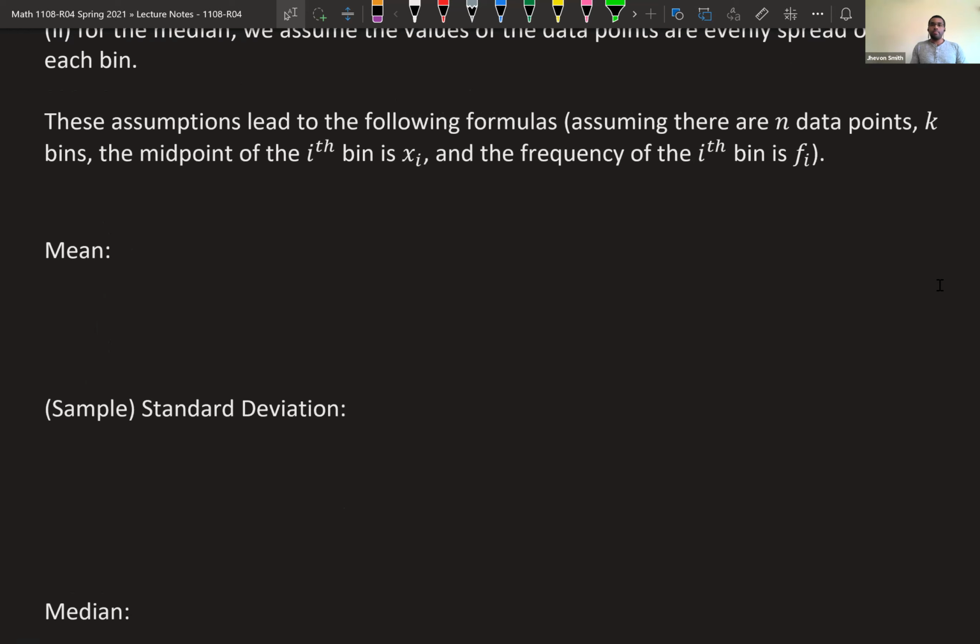So for the mean, here's how we're going to do it. Again, remember, we're going to pretend that all values take on the value of the median in the group.